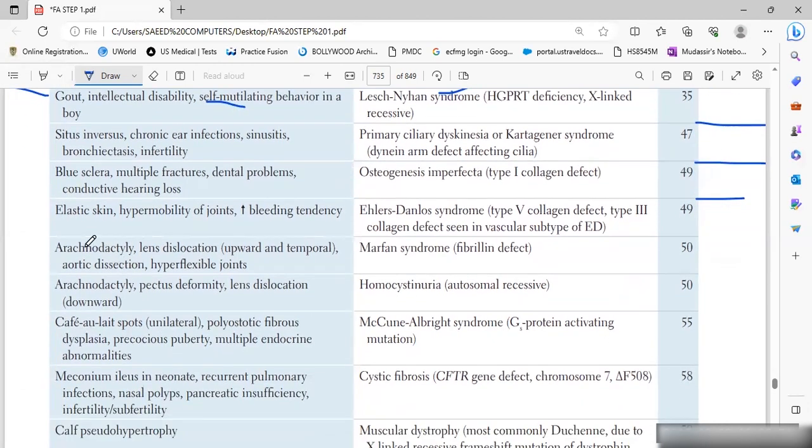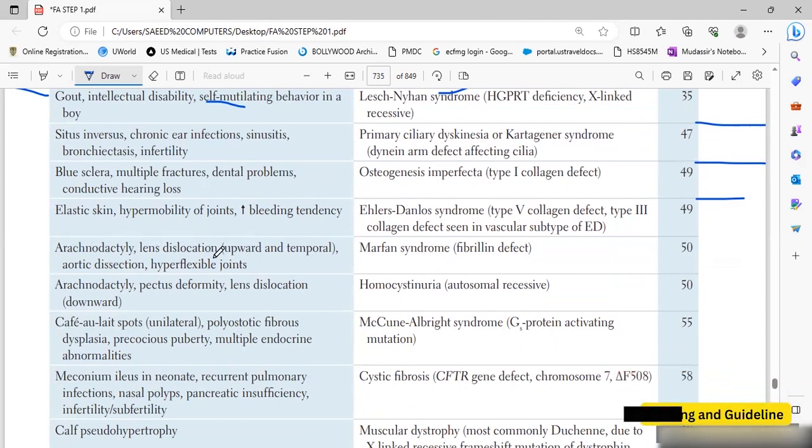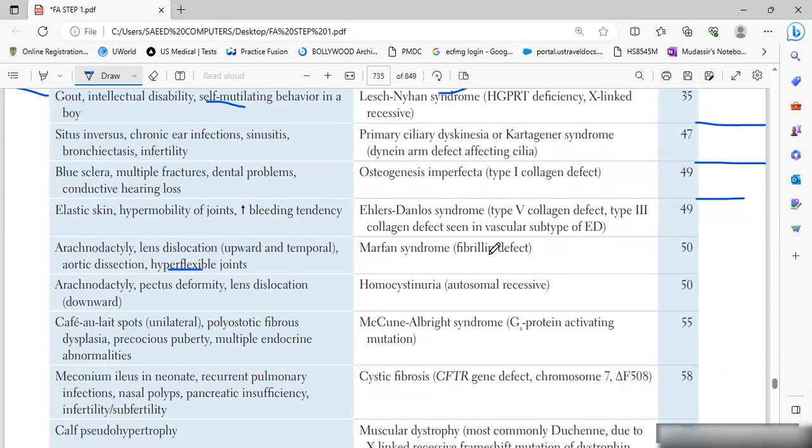And next is arachnodactyly, lens dislocation upward and temporal, aortic dissection, and hyperflexible joints. That is Marfan syndrome. It is a fibrillin defect. The mnemonic is F: TGF beta, chromosome 15, fibrillin. The most common cause of death is aortic dissection. You will also have mitral valve prolapse.